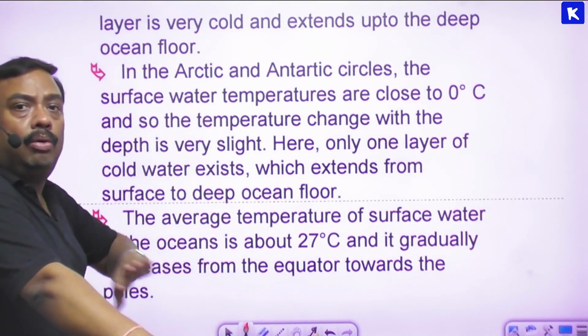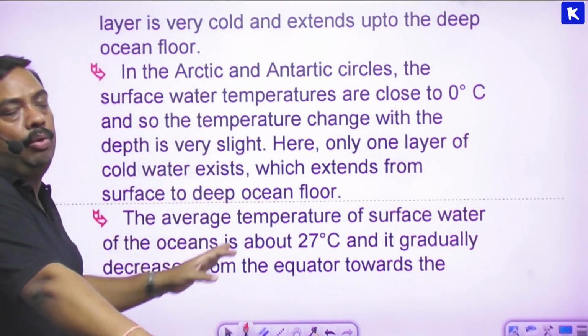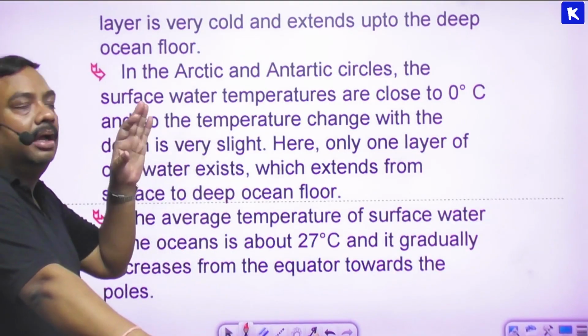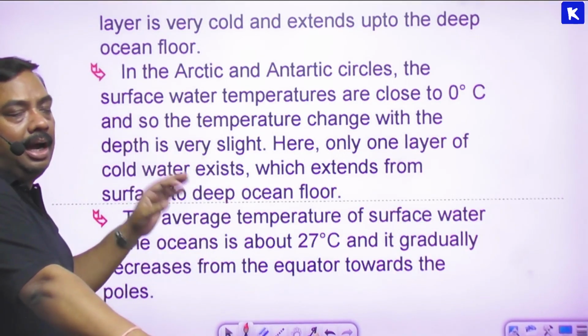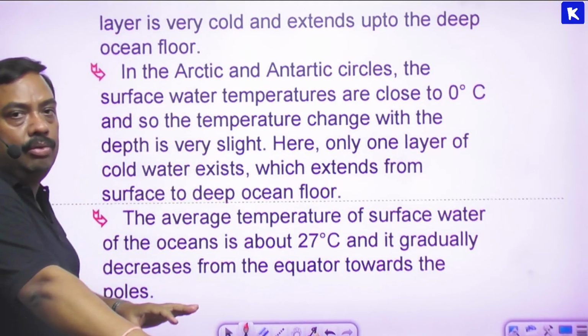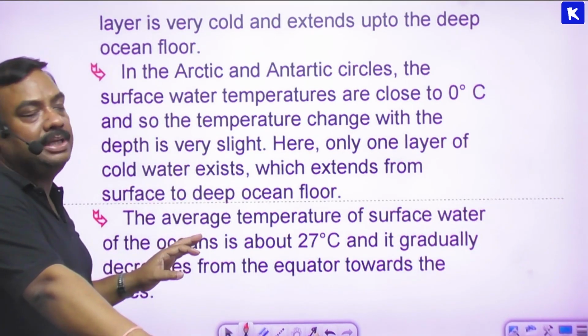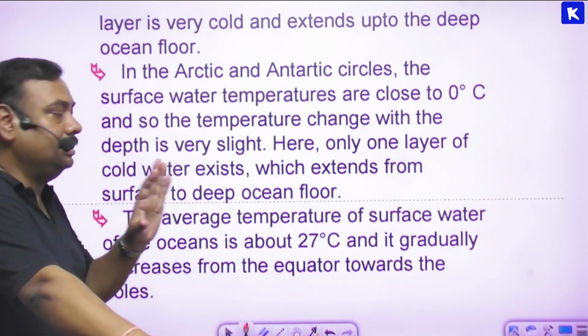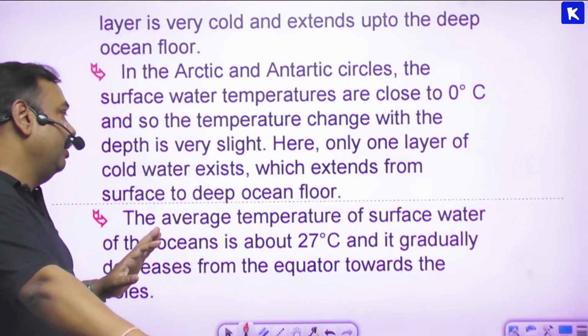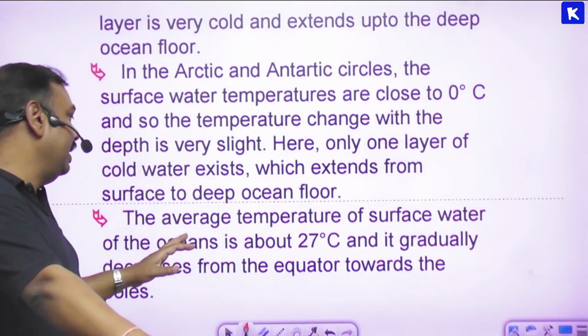It is for considering the whole of the oceans: Pacific, Atlantic, Indian Ocean, then Arctic Ocean and Southern Ocean. All the oceans are taken together, and their average temperature is defined around 27 degrees Celsius. Where? Nearby the equator.